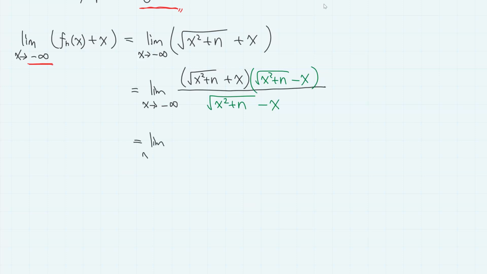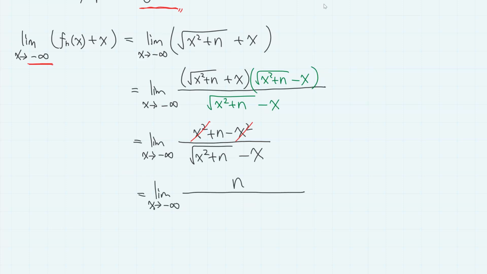So we have x squared plus n minus x squared divided by square root of x squared plus n minus x. And here, the numerator is n, and in the denominator, since now x is approaching negative infinity, we write the denominator as square root of x squared plus n, and then plus minus x. And we know that this minus x is positive and approaching positive infinity. So we know that this limit is also 0.